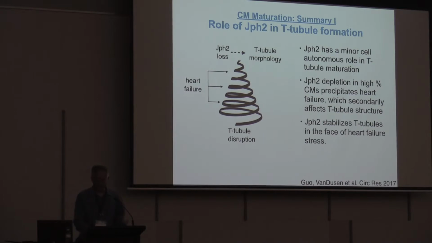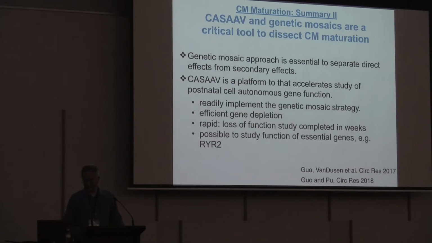destabilization of the T-tubules. And just as a more technical point, we think that this genetic mosaic approach is really essential to study genes and their role in maturation. And without it, it's very difficult to circumvent the confounding effects of heart failure.